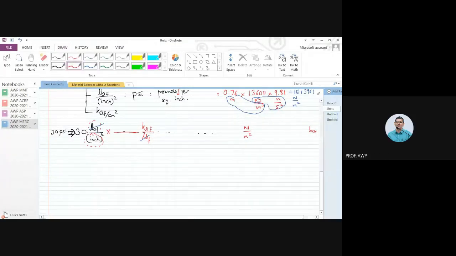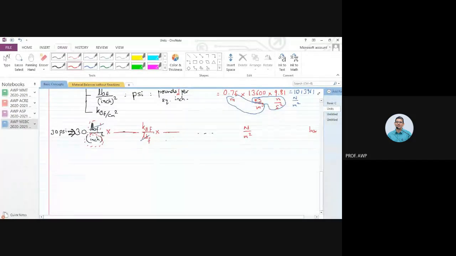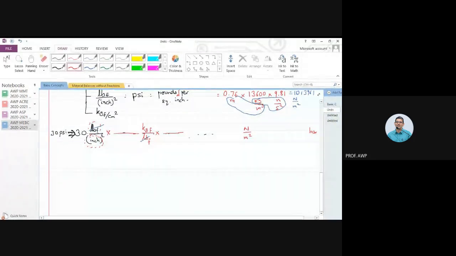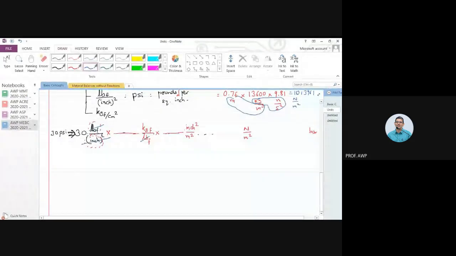Yeah, so let's go slowly. Now we want meter square in the denominator instead of inch square. So we need to multiply by a quantity which has units of inch square in the numerator and meter square in the denominator. So this inch square would get cancelled out.